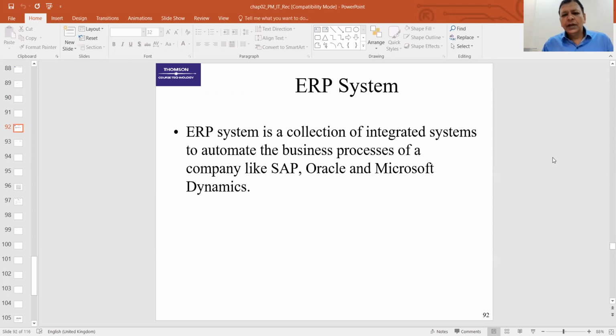And we can have customized ERP systems, like the American company Conoco, which is the largest oil refinery company in the world. Aramco is a sister company of Conoco. You can imagine, if Aramco is such a large company, what about Conoco?